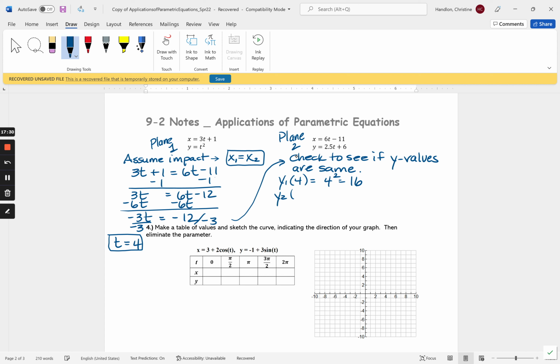Now y of plane 2 at 4 seconds. We substitute 4 for the t, so 2.5 times 4 plus 6. Well, 2.5 times 4 gives me a 10. Bring down the positive 6, and I end up with a 16. So sadly, we notice here that the y values are the same. Therefore, the planes did end up crashing.